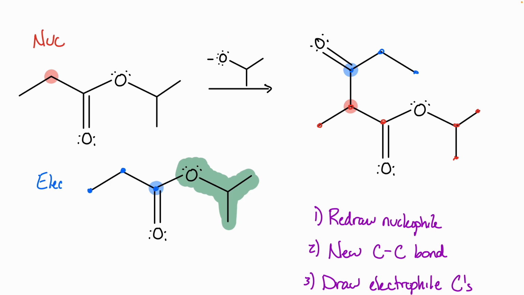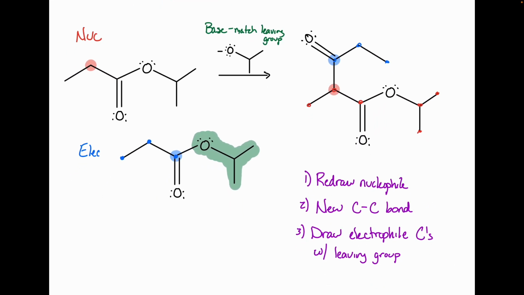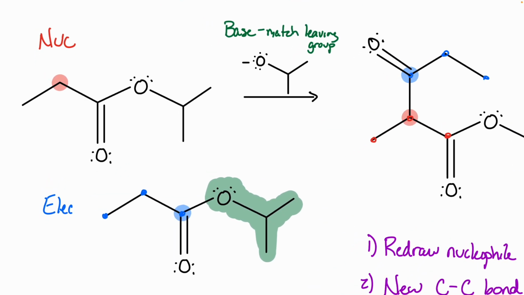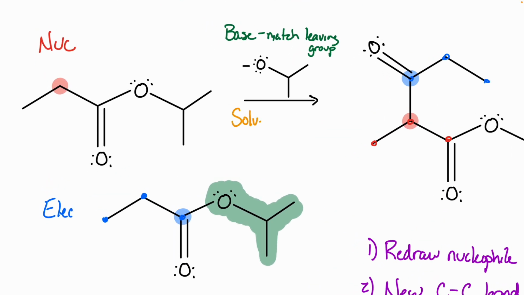So we can just note our base is going to match that leaving group. Cool, and so this is where we left off last time. We can predict our products of our Claisen condensation reaction, and we know that our base should match our leaving group for that ester. Now we're going to talk about the solvent that we're going to use.